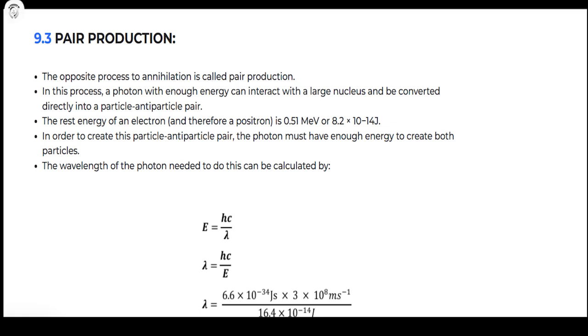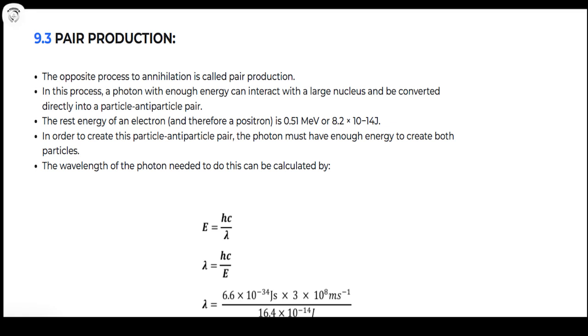The rest energy of an electron is about 0.51 mega electron volts, or we can say it's 8.2 times 10 raised to the power minus 14 joules. In order to create the particle and antiparticle pair, this photon, remember, should have enough energy to create both the particles. So the wavelength of the photon can be calculated by this equation which is there in front of you. Energy is equal to hc over lambda.